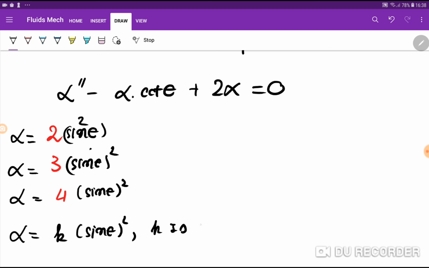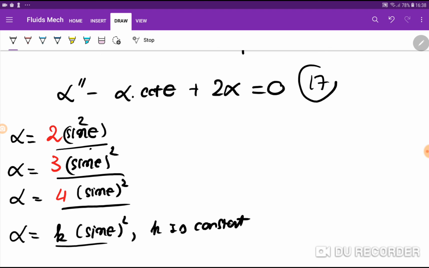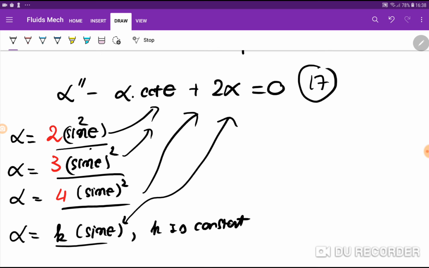K is a constant. Try to plug this into equation 17 and see if you get 0. You find out that for this case of alpha will get you 0 no matter what. So alpha equal to a number times sine theta square, right?